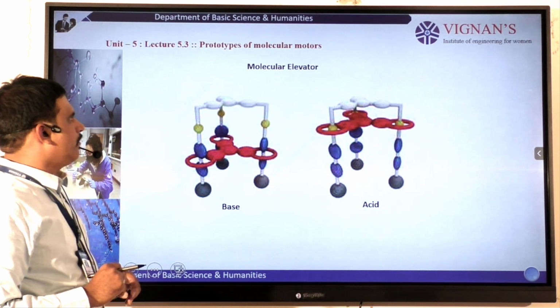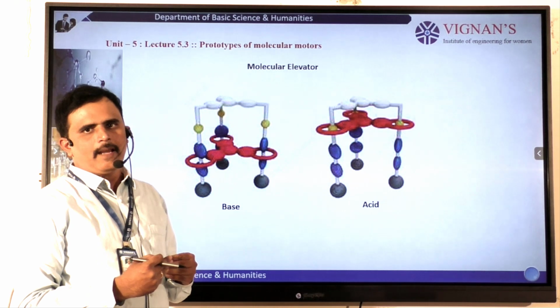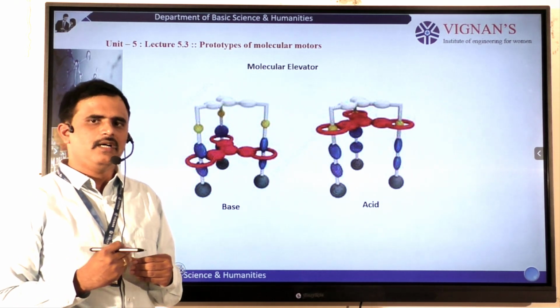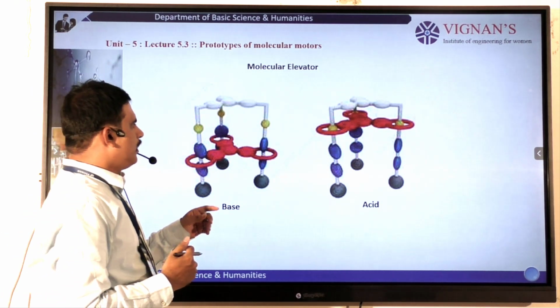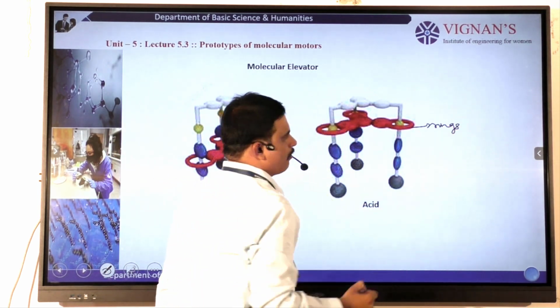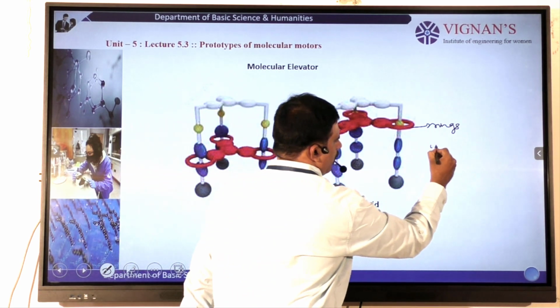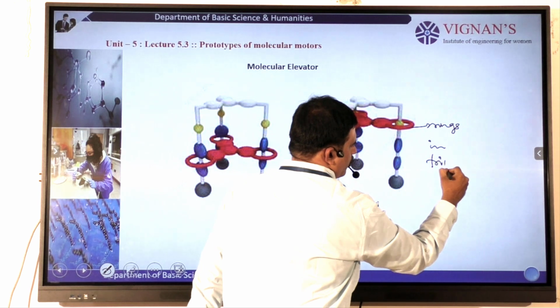And now coming to the third one, that is the molecular elevator. Changes also happen here in the presence of acidic or basic medium. Here we observe the pink color rings are small molecules which are moving on tripod shaped molecules.